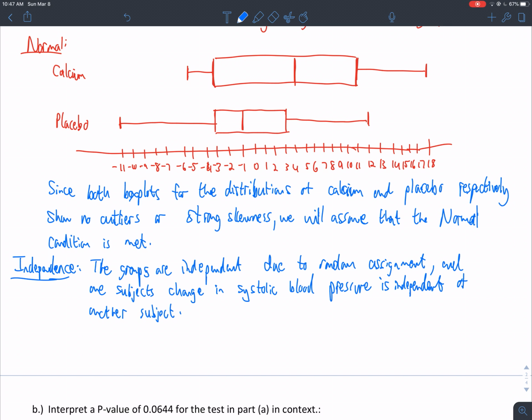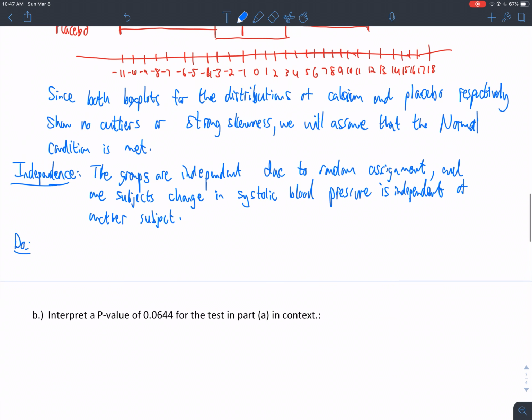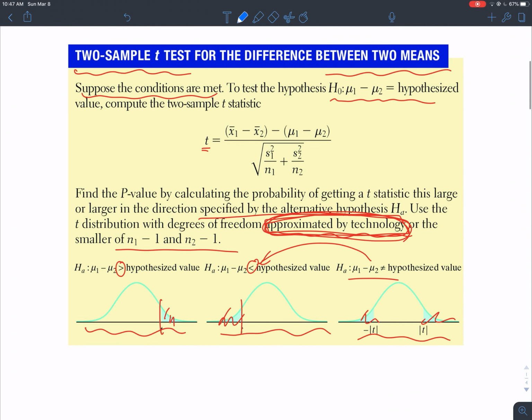I realize I'm a little bit out of space here. Let me do the do step and maybe I'll squeeze the conclude step in somewhere else. So do. We're back here and we're saying this is my test statistic. So we want to calculate our test statistic and then calculate our p-value.